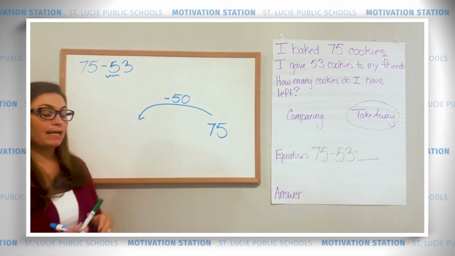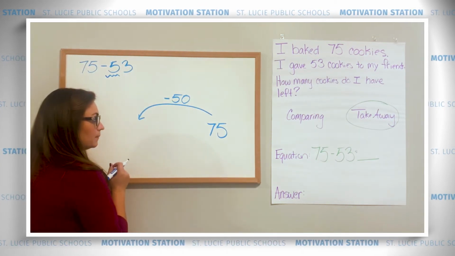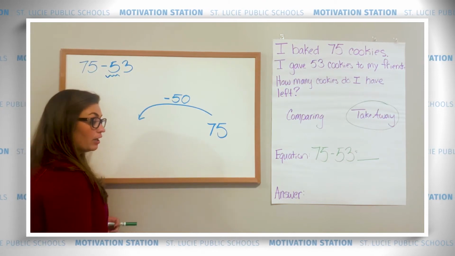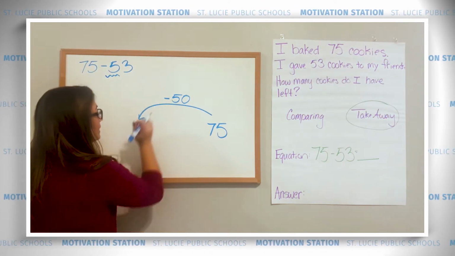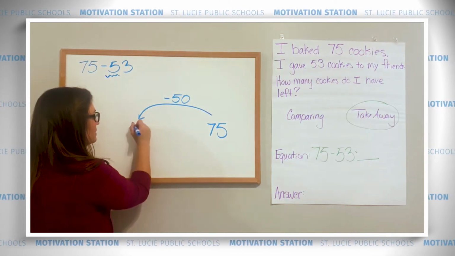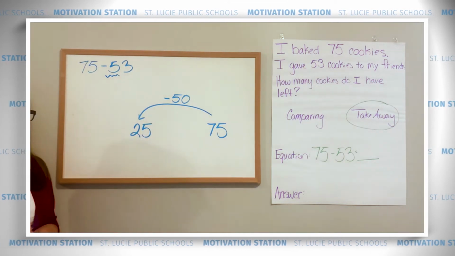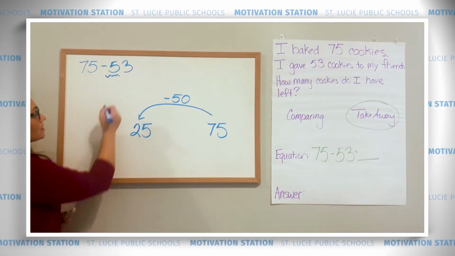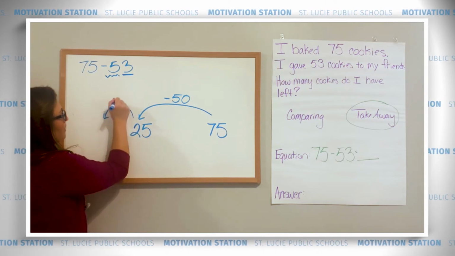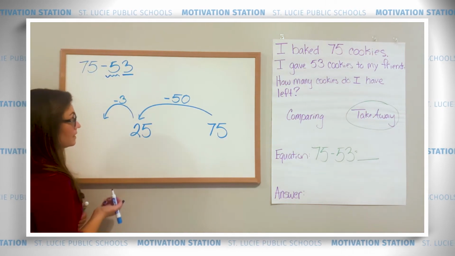75 minus 50. Well, let's think about that. I could count backwards. I could use my hundreds chart, or I can think about 7 minus 5 to help me. In the end, 75 minus 50 is 25. Whew, that was a big jump. Next, I need to subtract my 3. So my next jump is minus 3. 25 minus 3.